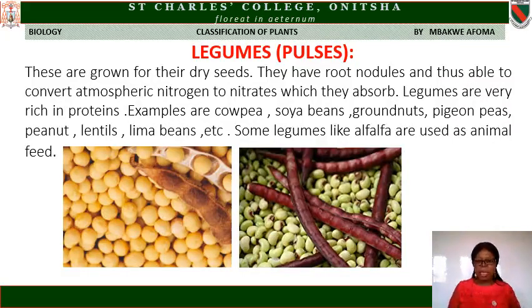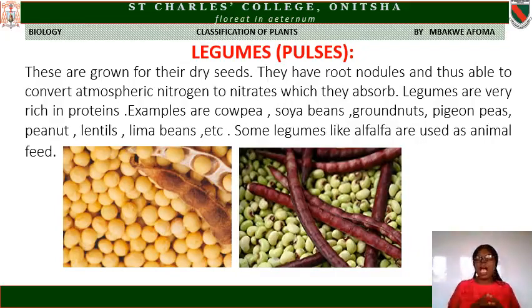Now we look at the next one, the legumes. These are grown for their dry seed, though some of them have fresh seeds. These plants have root nodules. That is peculiar to them. They have swellings in their roots, and inside those nodules, certain bacteria, the nitrogen-fixing bacteria, are living there.